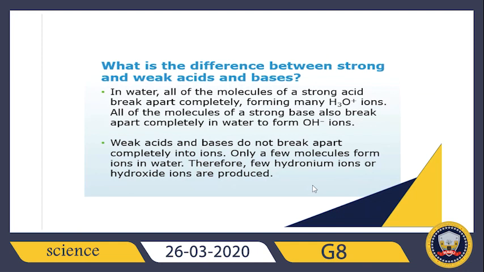So guys, we always say that strong acid will completely break apart, while weak acid will partially break apart. The concentration of hydronium ion in strong acid is so high, but for the weak acid the concentration of hydronium ion will be low. Okay, so the same is true for the bases.